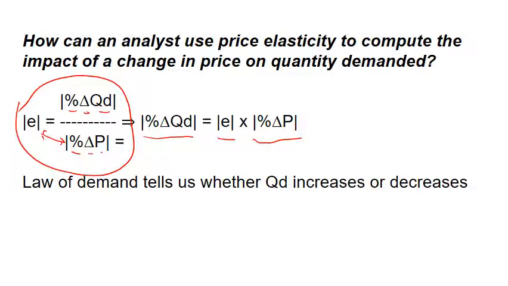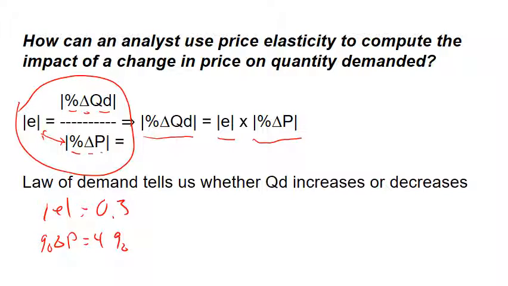For example, let's suppose the absolute value of E is 0.3. Let's say the price goes up, percentage change in price is 4%.